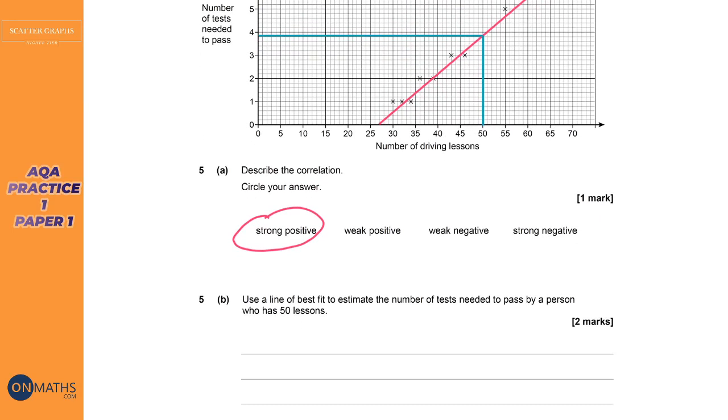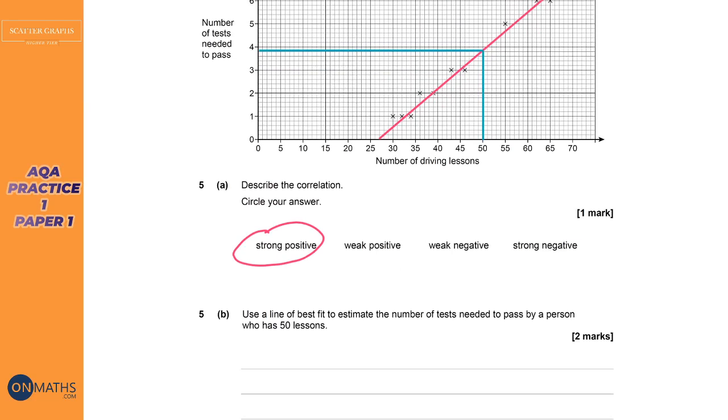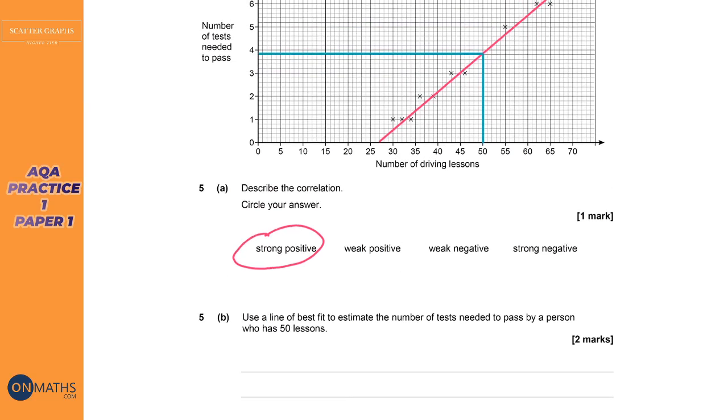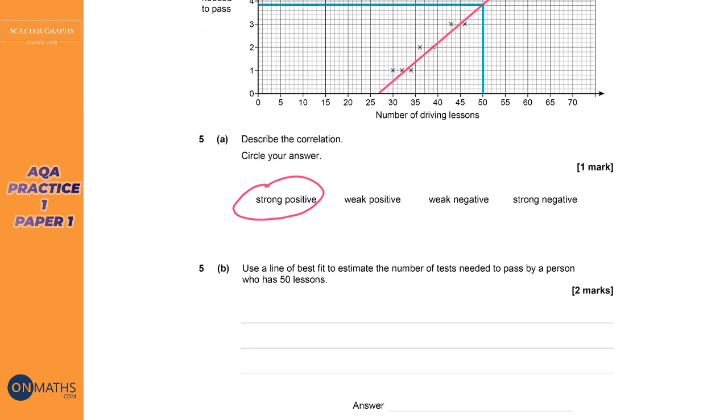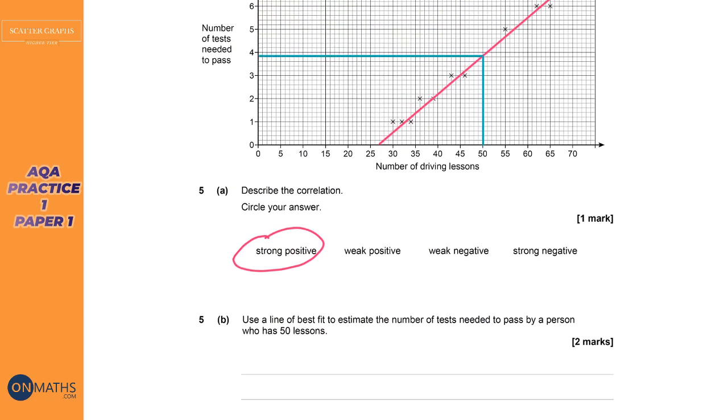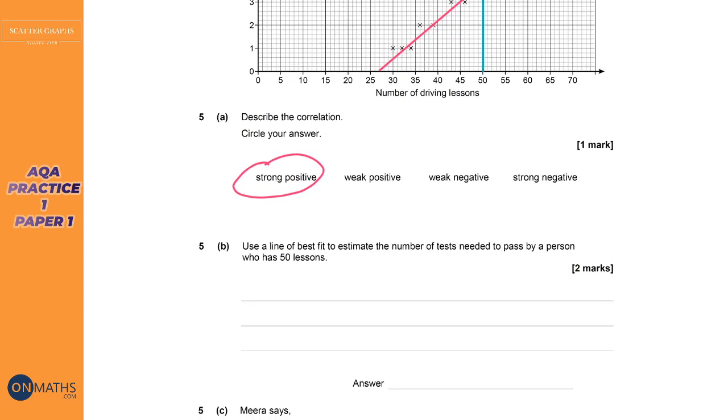now I would normally, for most of the scatter graphs, write 3.8. But I probably with this one would round it to the nearest whole number. I probably would round it to 4. I don't really know whether you would still get credit for a decimal there, because it says to estimate the number of tests needed, and you can only have a whole number of tests.